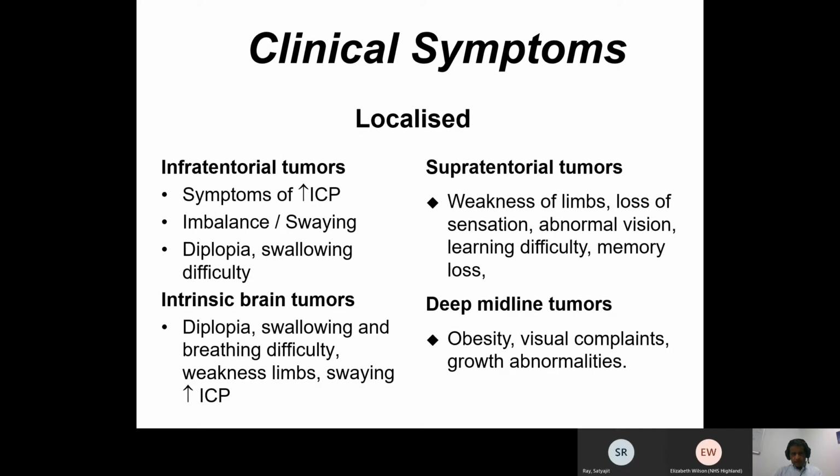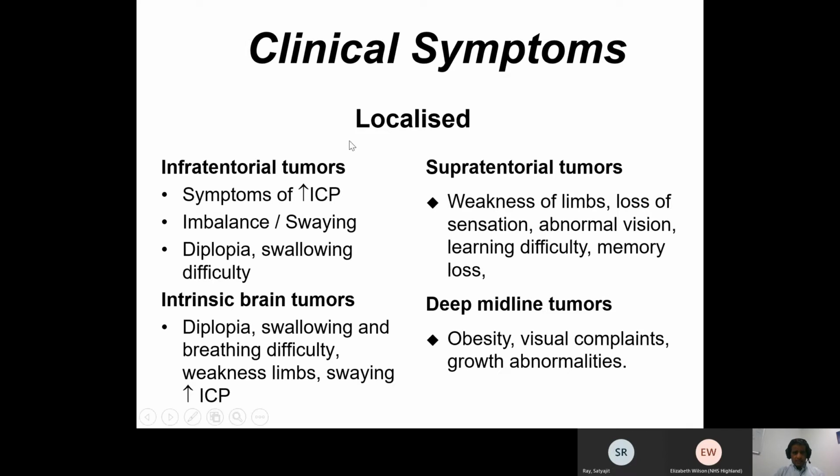So if you have symptoms caused by localized factors, it depends upon where they are, what symptoms they can cause. So for infratentorial tumors, for example, the posterior fossa is very tight. It's a small compartment. There's already cerebellum, brainstem, the fourth ventricle. There's not really any space there.